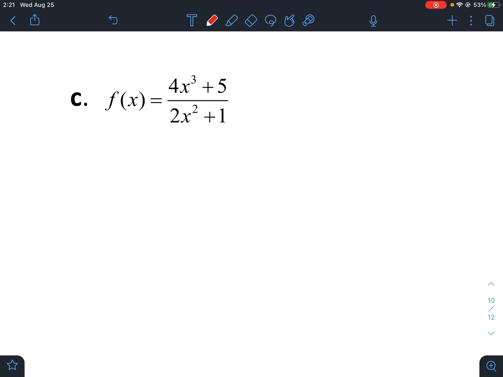This one does not exist. So we may want to know there's no horizontal asymptote, but you may be asked, is it going to positive or negative infinity? So you would have to do that process of dividing each term by x squared and then putting infinity or negative infinity in and seeing what you get back. Okay? But if we're just asked for horizontal asymptotes, we know by looking at this, there's none because the numerator is higher than the denominator.